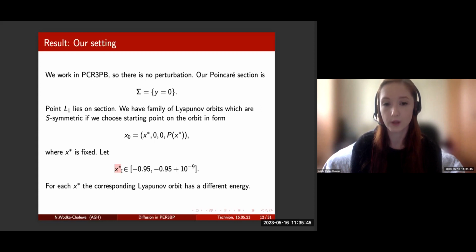So for each value from this interval, we have the corresponding Lyapunov orbit, and it has a different energy. All the orbits have slightly different energy. And if you take a starting point like this, and you calculate this Lyapunov orbit, you can do it, and it works, and it's our interval here.